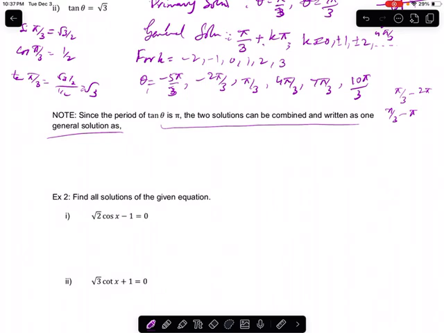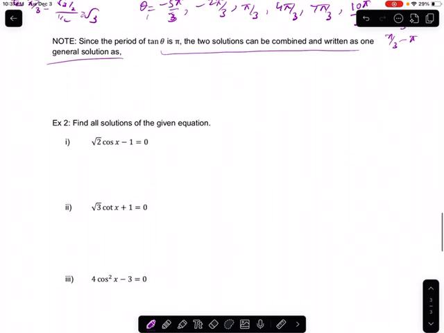Okay, let's do a little bit more complicated, not too complicated still. So what is this? How do we do that? If you notice here, the trig function that appears in the first one is cosine x, which means it is still a basic equation, but it is not written in the form that we saw previously. So what do we do? We isolate the trig function.